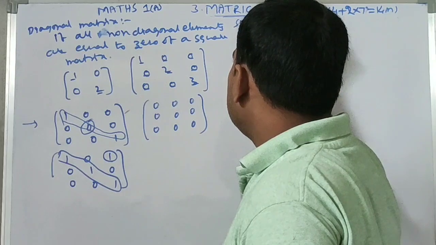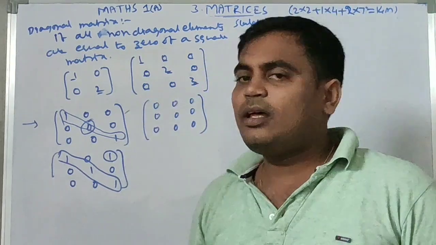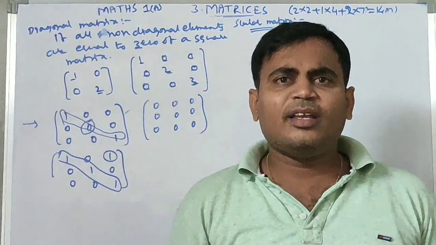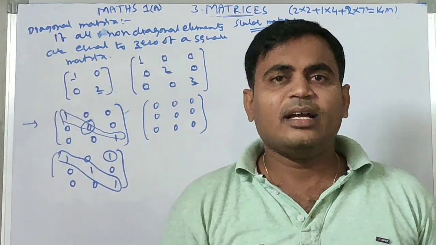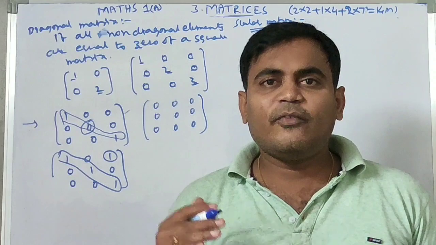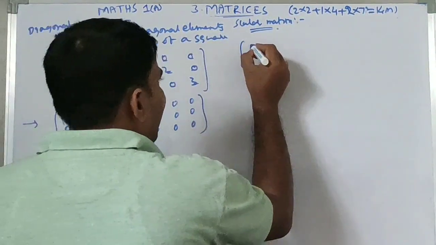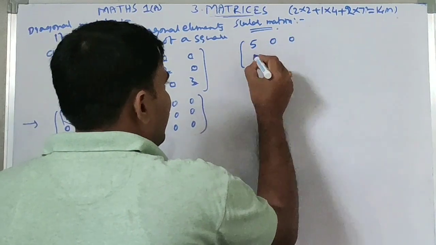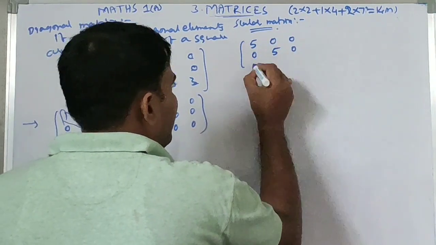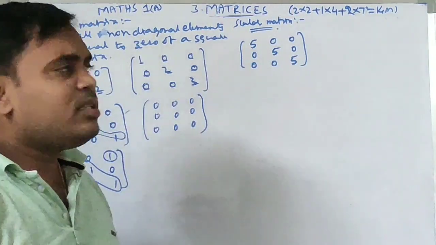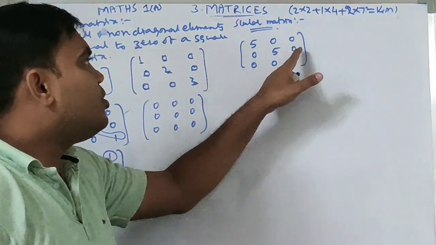Next, scalar matrix. If we are taking a scalar matrix, again all the non-diagonal elements are equal to 0 and the diagonal elements are equal to each other. So for example, 5 0 0, 0 5 0, 0 0 5. So here what are the non-diagonal elements? 0 0 0 0 0 0.